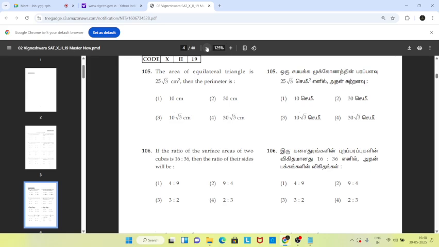Root of 4 is 2, root of 9 is 3. So 2 is to 3 is the answer. You can calculate also, but it is not necessary. Simplify 16 is to 36 to get 4 is to 9 and take the square root of both sides. So 2 is to 3.